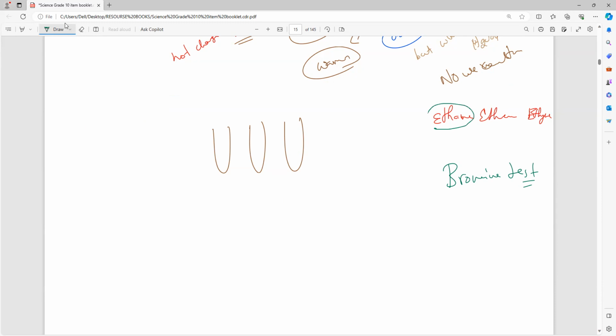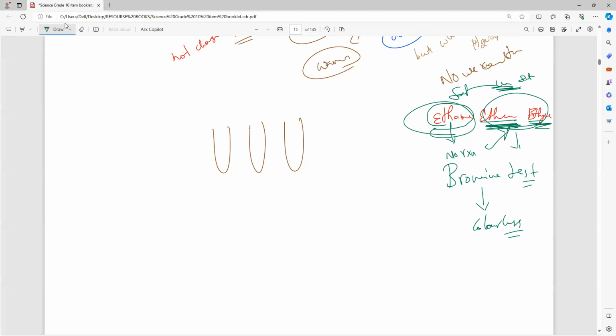Ethane, a saturated compound, because there is no reaction. But ethene and ethyne are both unsaturated, so they will turn bromine water colorless. That is the test to identify saturated and unsaturated. But we cannot define which is ethene and which is ethyne exactly. That is why we can identify ethane.